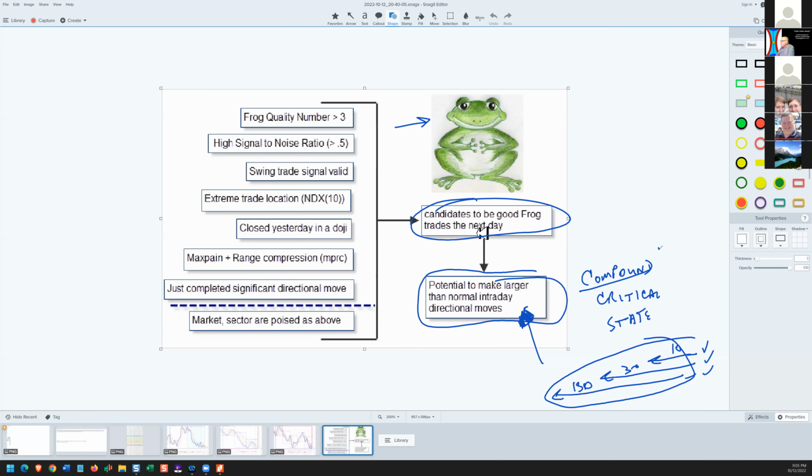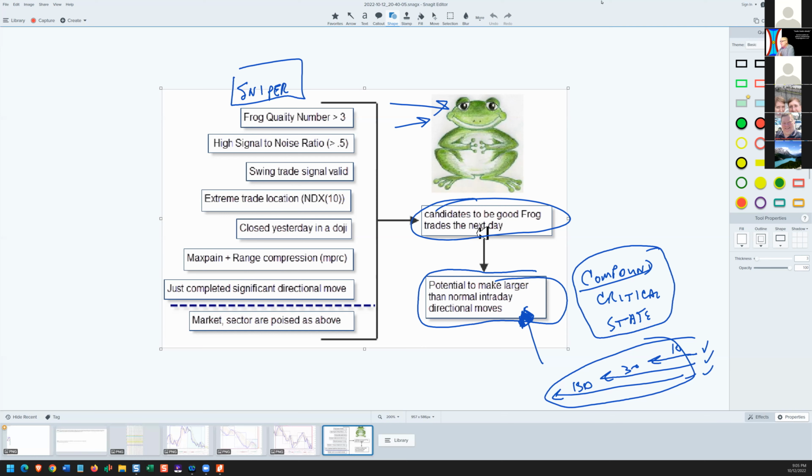So all of the sniper patterns, all of them, give you a compound critical state. And so I'm going to add any sniper setup is going to be a great frog candidate, which is just shorthand for saying these things are poised to make large, surprising moves.